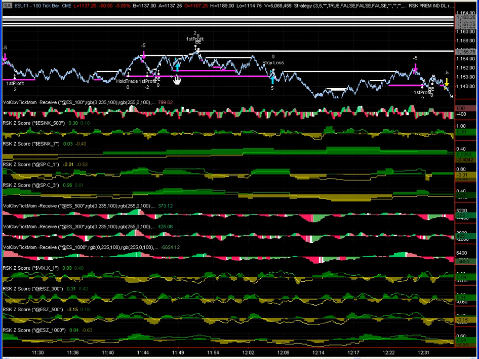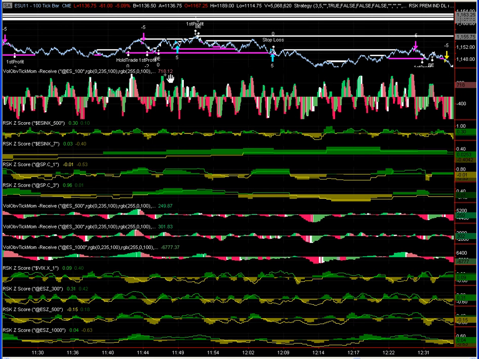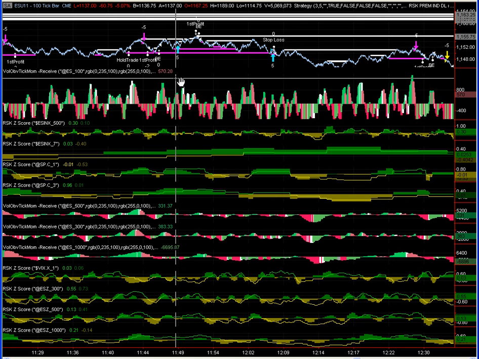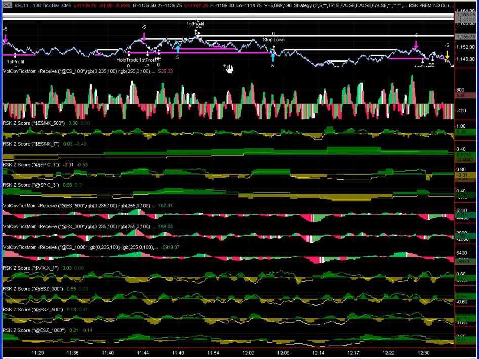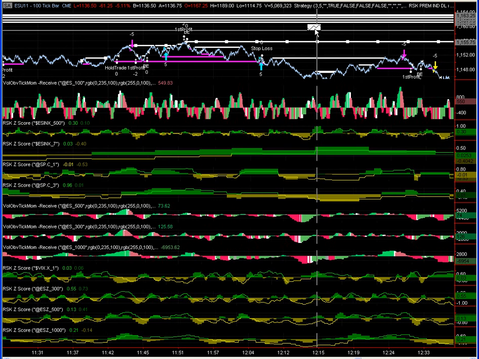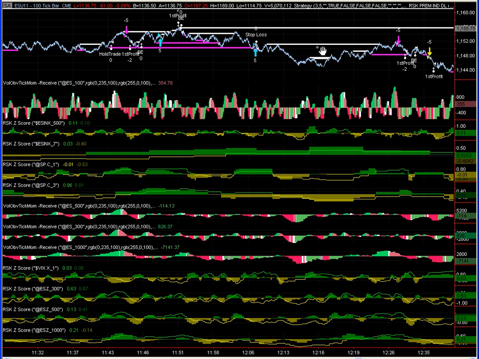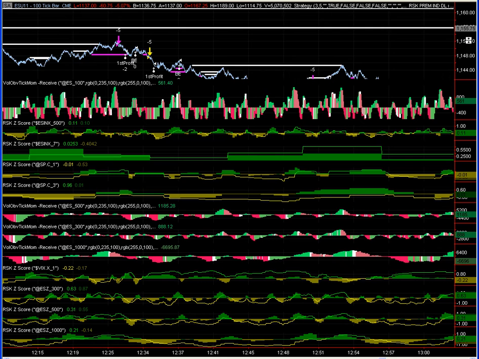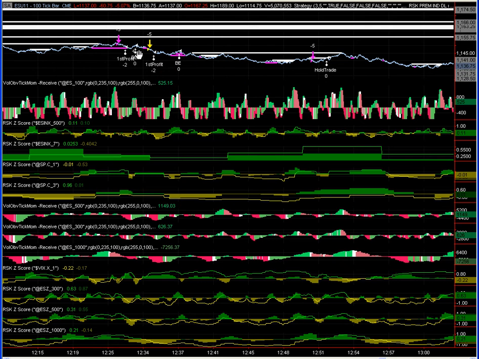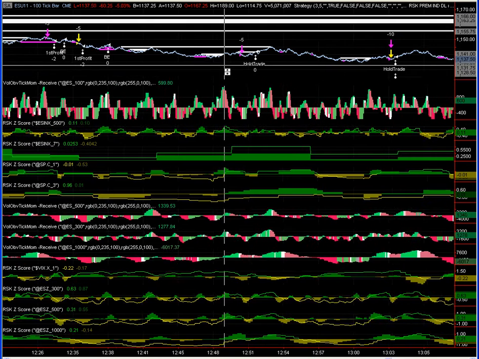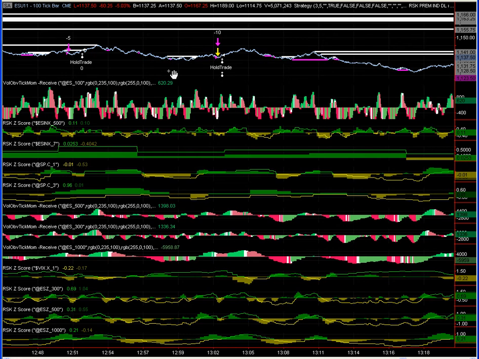Not making much ground on any of these trades. That one got stopped out. Again, break even. Over here, hold trade reversal, hold trade reversal.